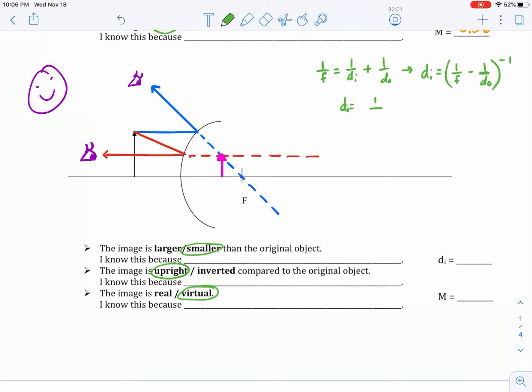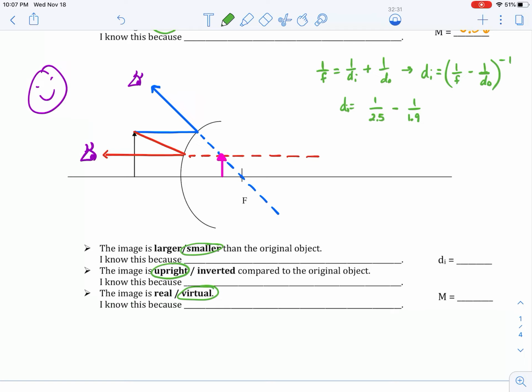So the distance to the image is equal to 1 over my focus, which on your paper should be a value of 2.5, minus 1 over the distance to the object. Again, we're measuring these from the mirror. So on your paper, that should be a value of about 1.9.